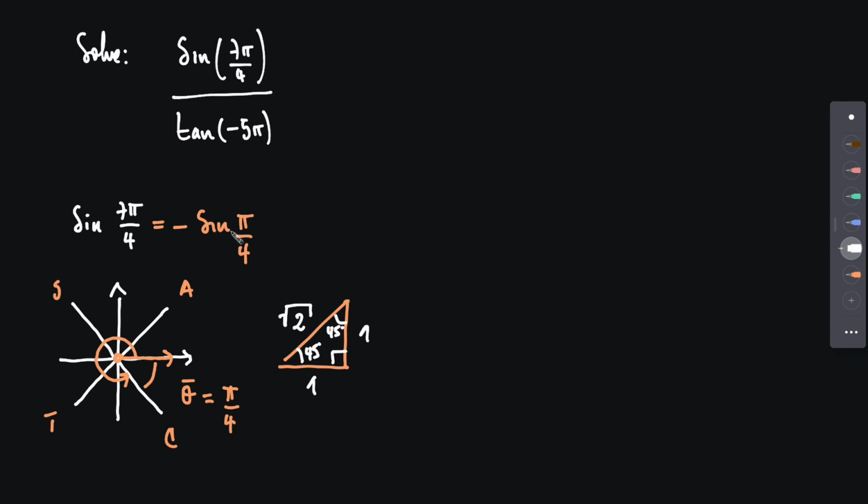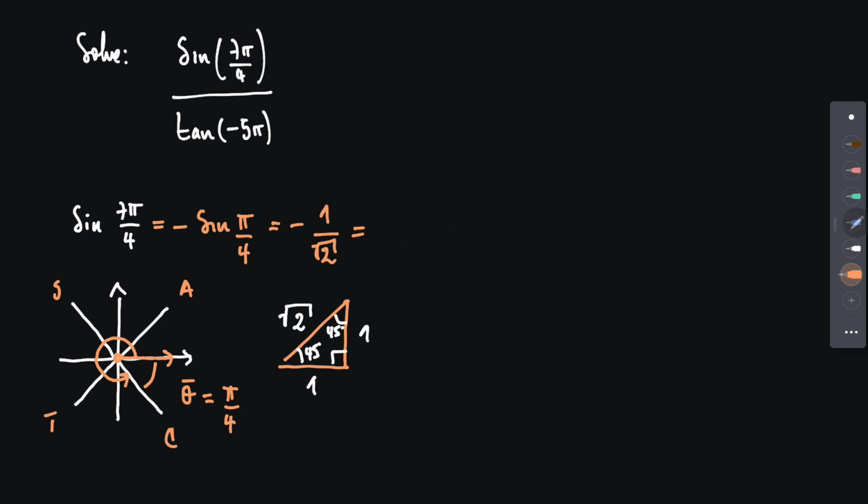So sine, we know, is opposite over hypotenuse, and the opposite for 45 is 1. So we're going to have negative 1 over the hypotenuse, which is square root of 2. If we rationalize this, we get negative square root of 2 over 2.